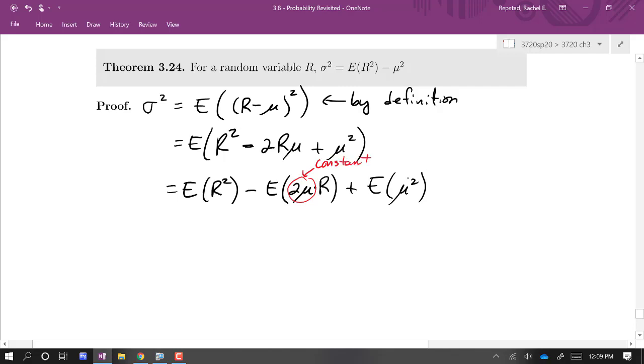And mu squared is also a constant. So because 2 mu is a constant, we're going to pull that outside. And this last one, the expected value of mu squared, because mu squared is a constant, the expected value of mu squared is mu squared.